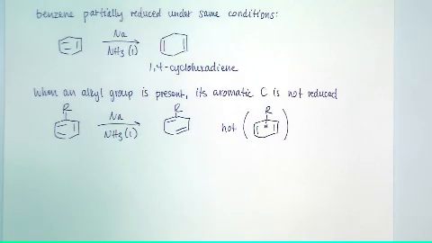So then all you have to do is look at the number of pi electrons. For this one, there's 2 electrons, the lone pair on that carbon, and then 2 in the pi bond, so that's a total of 4, which does not satisfy Huckel's rule.